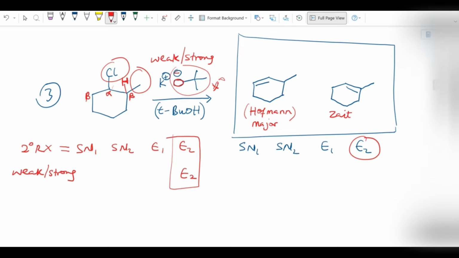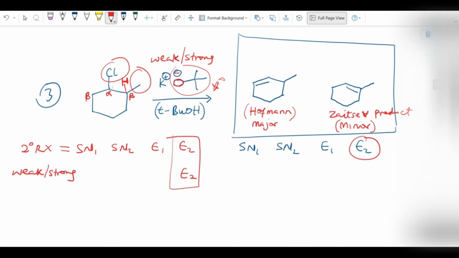So this is the more substituted alkene, which is the Zaitsev product. However, this is less favorable in this case, so we'll consider this as a minor product. This is the only exception.